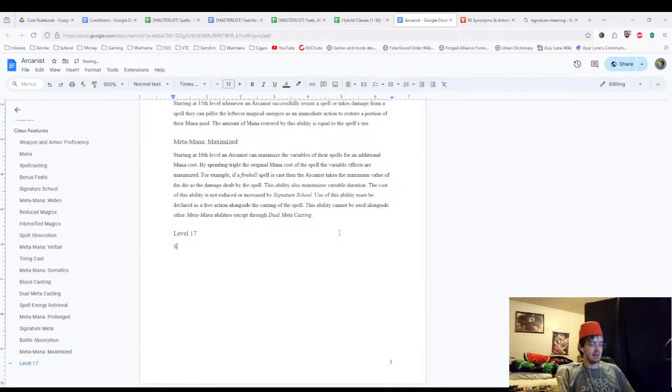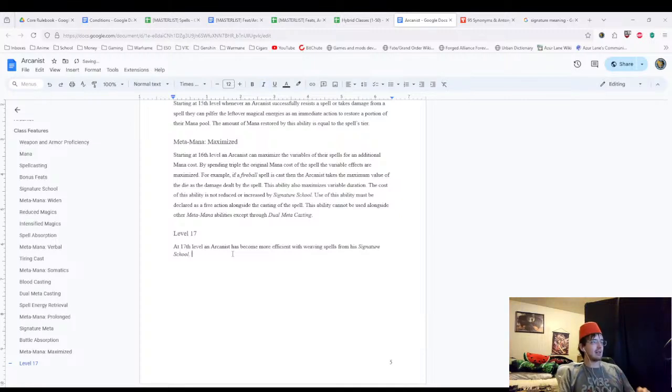Level 17. So yeah, at 17th level, from his signature school, has become more efficient with weaving spells from his signature school.